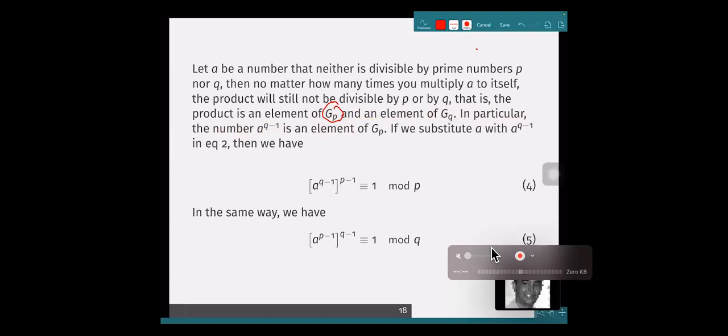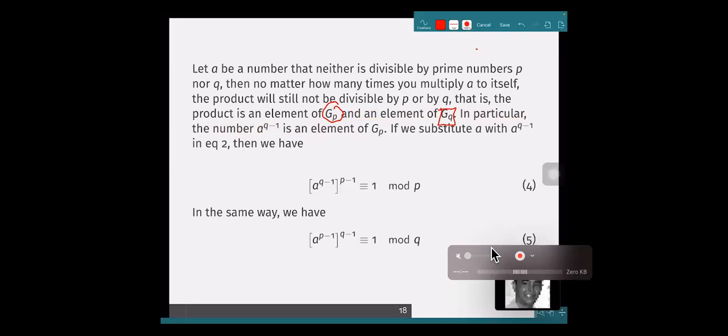And in the same way, because our number a is also not divisible by q, and q is a prime number, it means that a and all of its powers do not have a common factor with q, and because of that, a and all of its powers are an element of G of q.